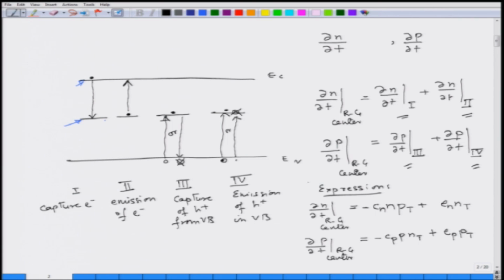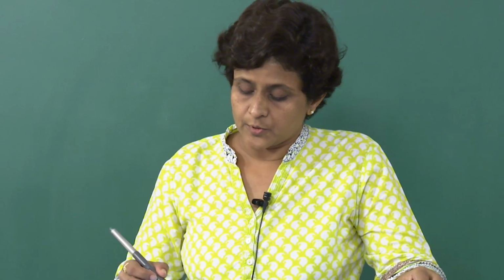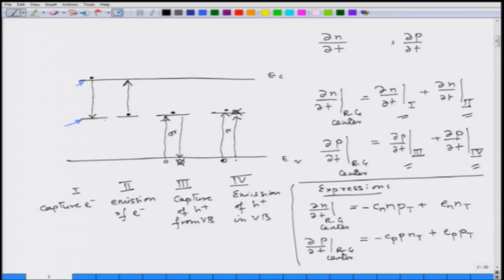So, these are the general expressions which take care of the net effect of all recombination generation processes due to the R-G centers, which lead to a change in the carrier concentration. Now, this is a general expression which can be used in any device calculation or characterization facility. The only requirement here is that this is for non-degenerate semiconductors.